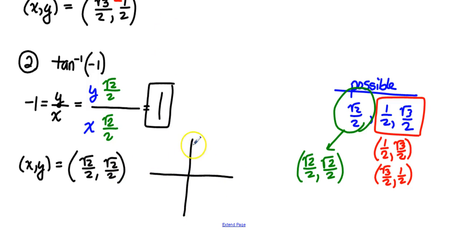The key is remembering I am limited to this half of the unit circle. So one way to remember it is that anything that falls in quadrant 1 is positive. That's always going to be a positive divided by a positive. All ordered pairs here will be positive divided by a positive.